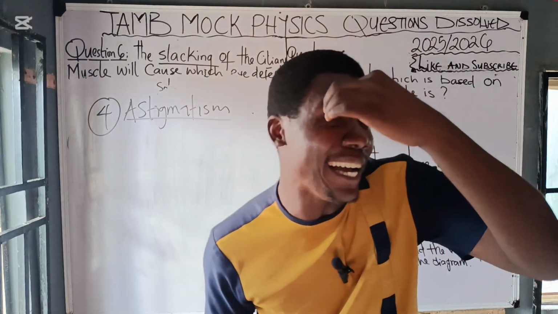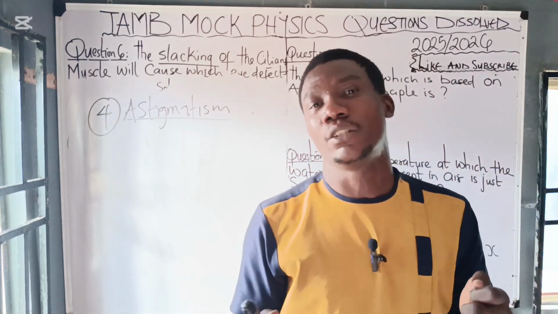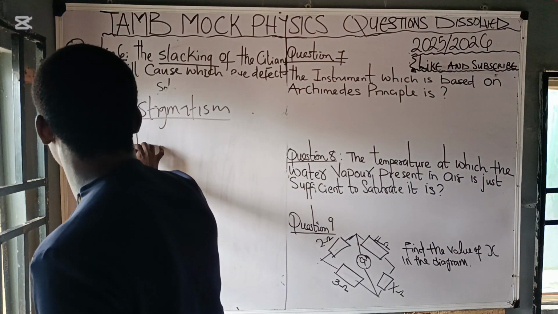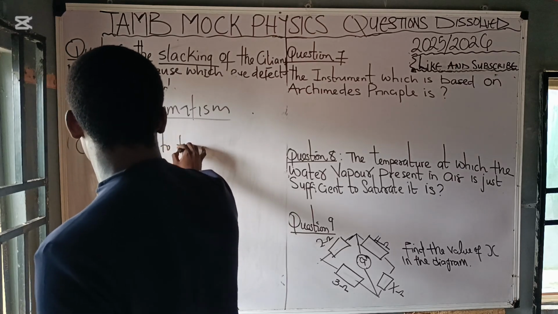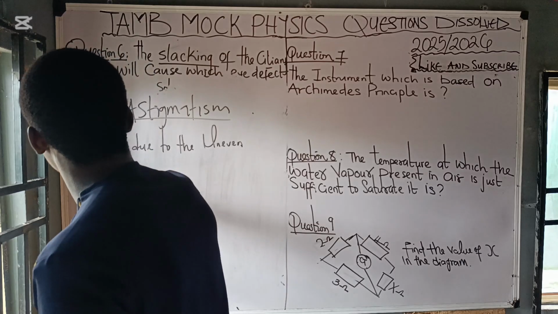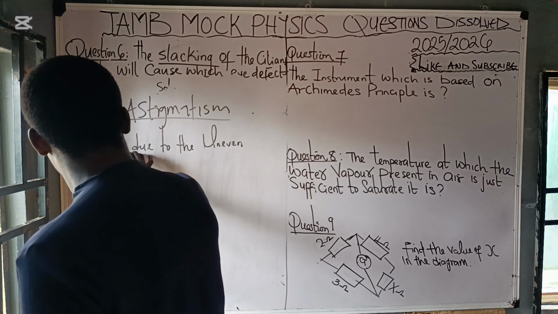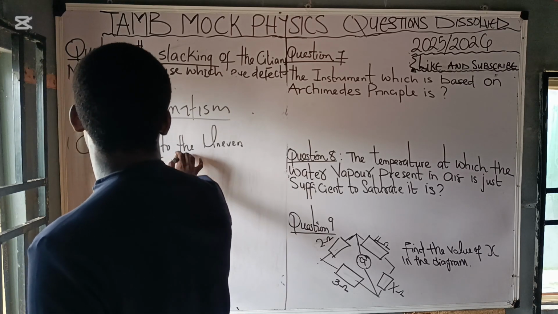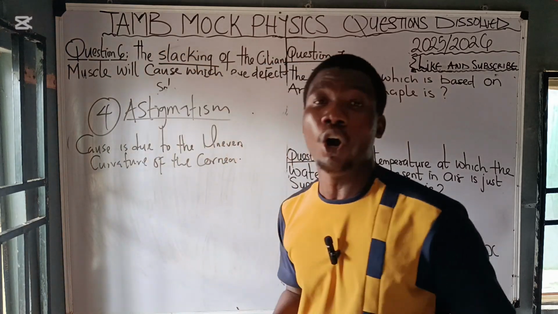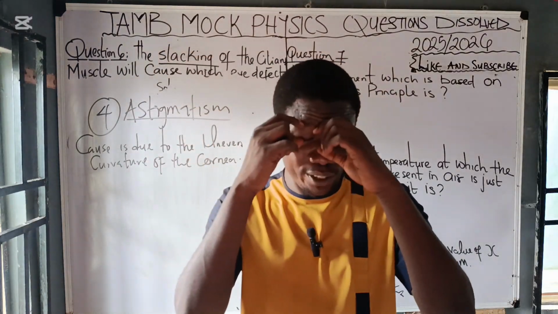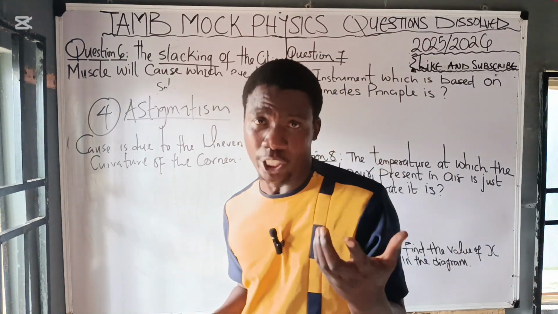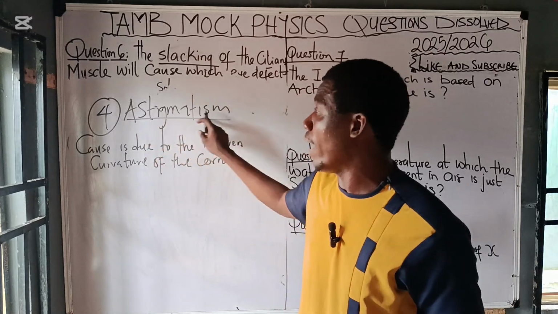This white part of the eye is called the cornea. Yes, the uneven curvature of the cornea. Now, if the cornea loses its shape, it causes what we call astigmatism.